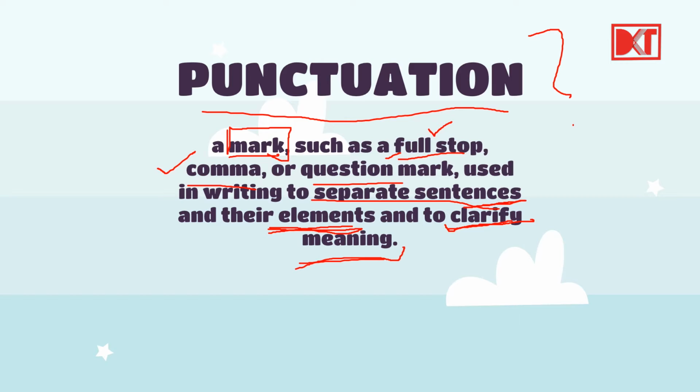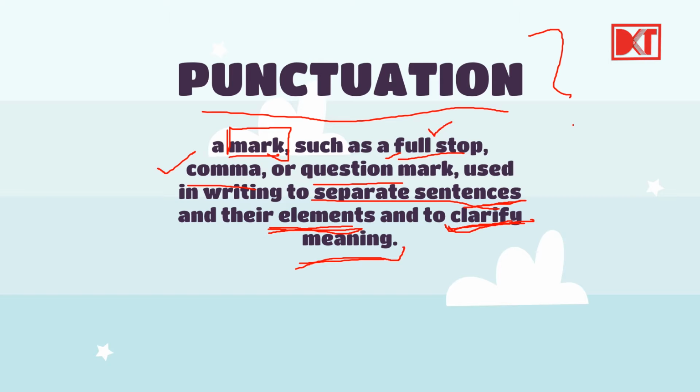So various punctuation marks, or in sentences and their elements, what are they? Like within a sentence, the subject, the predicate, the various words, the actions. So all these elements, to separate them and also to clarify the meaning. How will a full stop tell us that the sentence has ended here? What will a comma tell us? Like now we are referring to more words, more clauses.